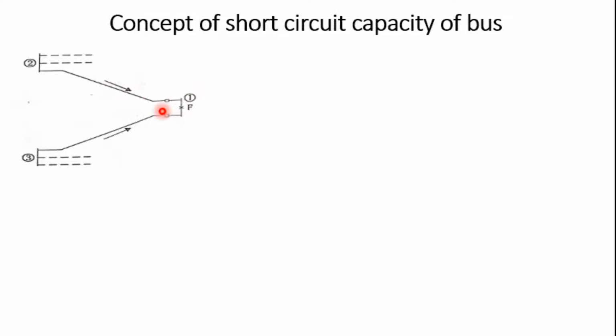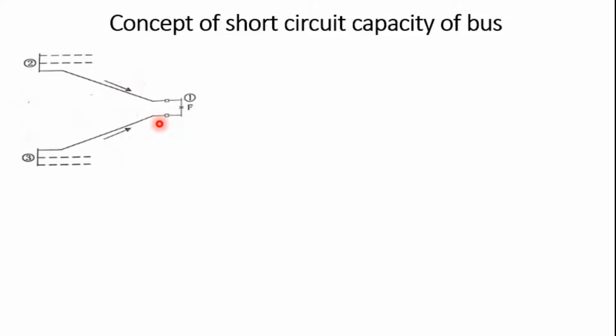At the same time, the voltage of the other buses will sag during the short circuit of the network. So normally we are interested in knowing the severity of the short circuit stress. Both these objectives are met by considering the short circuit capacity, or the fault level, of the bus.